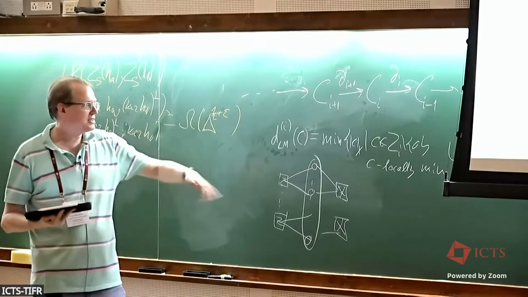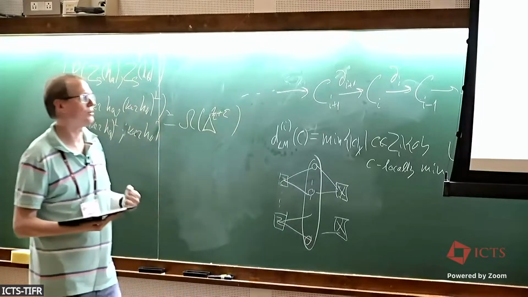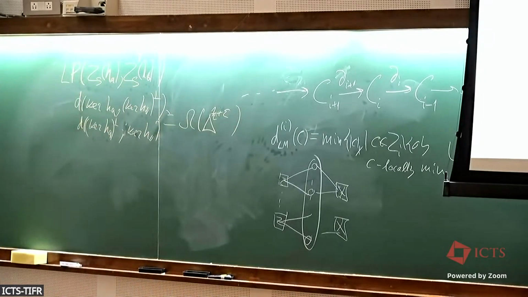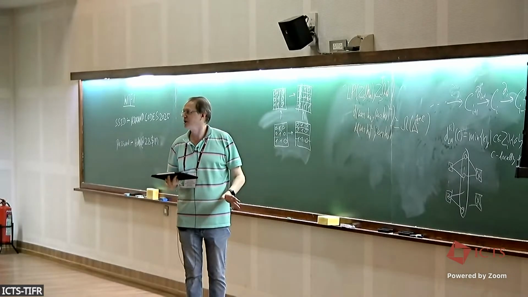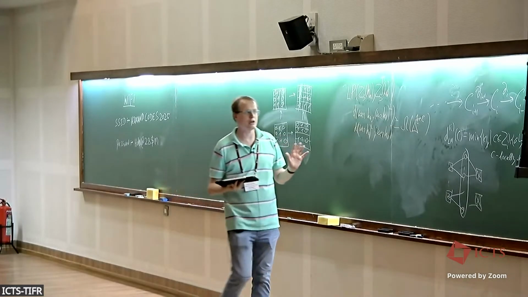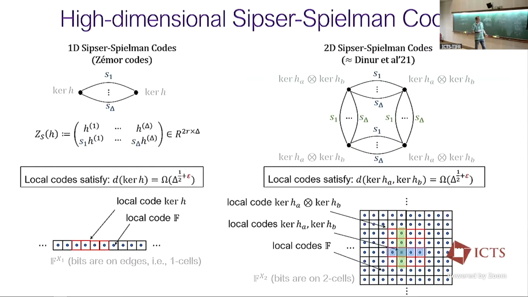Which means that if this value is high, then the minimum distance of the QLDPC codes is high. But this property is also related to local testability, which is quite surprising. This was also noticed in the early papers by Tali Kaufman and co-authors, and was used directly and indirectly many times.